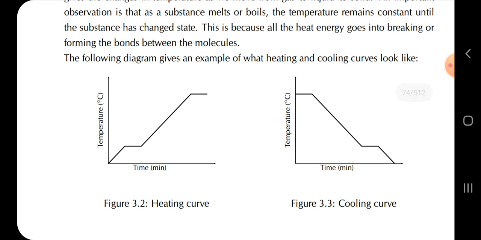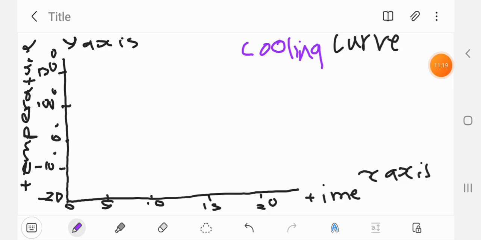So from the heating curve, we are going from solid to gas, but for the cooling curve, we are going from gas to solid. So with the cooling phase, we are going to start here at 120. We'll come from 120 till B. So we are in the cooling phase.